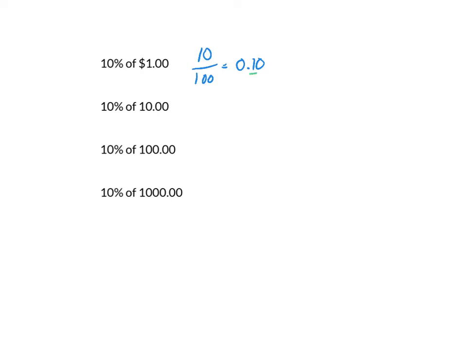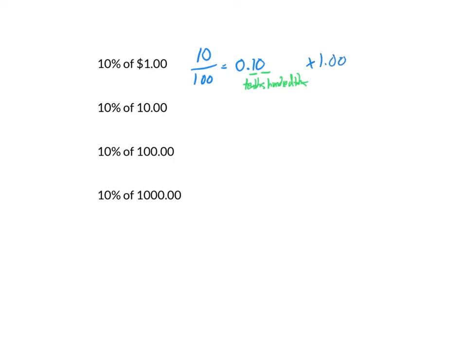For review, we've got the tenths there, we've got the hundredths there. So we've got 10 hundredths of $1. And when we take a number times 1, we get that number. So it's 10 cents. So 10% of $1 is 10 cents.